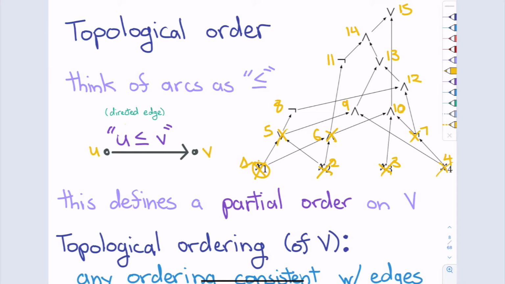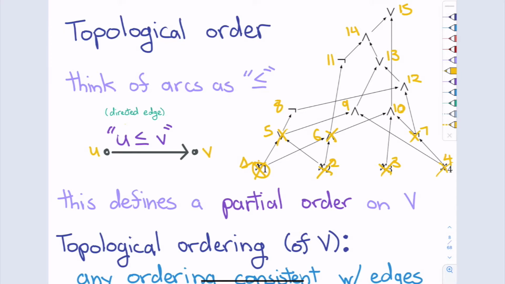And what's going on is that you have a DAG. So there's some source. Identify a source. Remove a source. What's left is again a DAG. There must be a source. So you can always remove sources, which for circuits is gates that have all their inputs ready to evaluate.